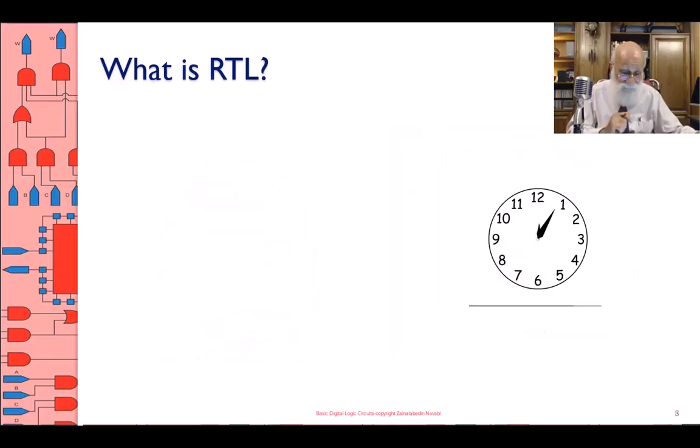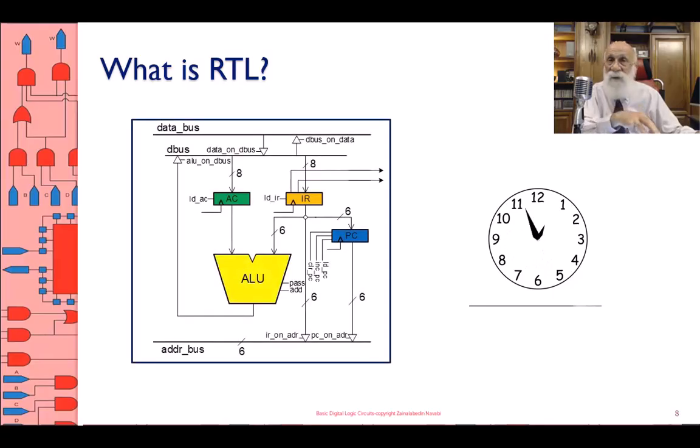But there's something else that we need to say. I have sequential components. I have combinational components. I put them together, and then come up with a data path. The data path has combinational and sequential components put together. The data path only has the operations. The operations is adding, subtracting, storing data, multiplexing data, and all of that.